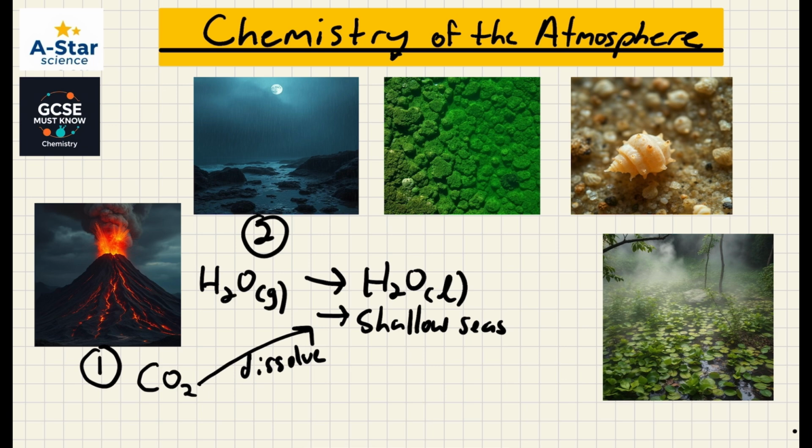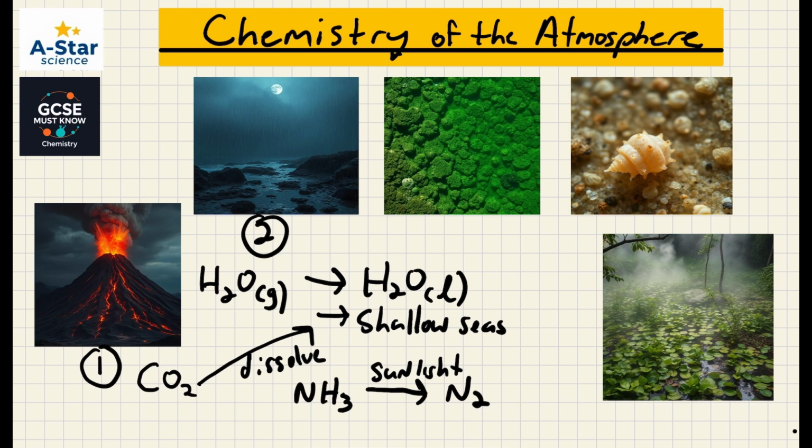So we can see the carbon dioxide starts to decrease from the large amounts in the early atmosphere to a lesser amount, but there's still lots of carbon dioxide in that early atmosphere. They also believe that the ammonia would start to break down due to the sun's action, sunlight, and that would break down particularly into nitrogen gas, which is quite unreactive. So we can already see that the atmosphere's chemistry is changing.